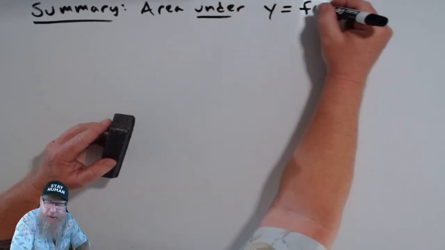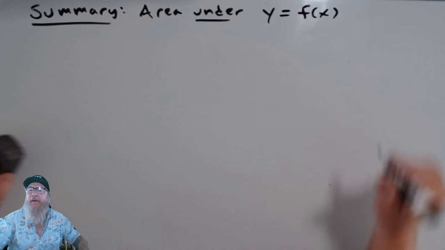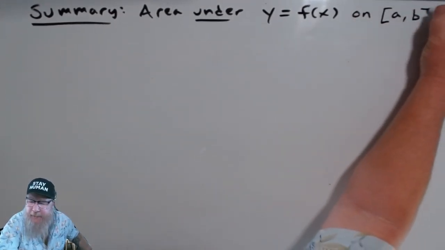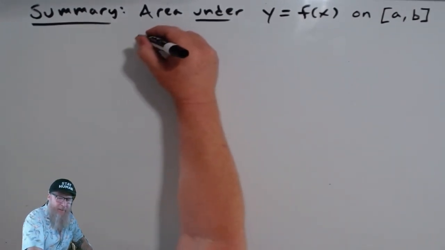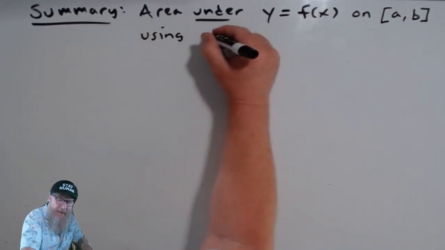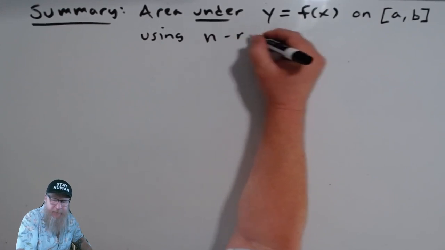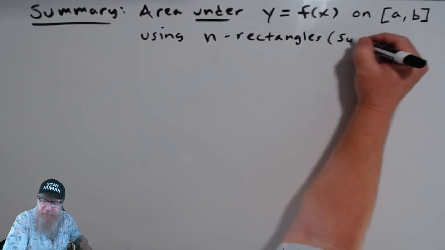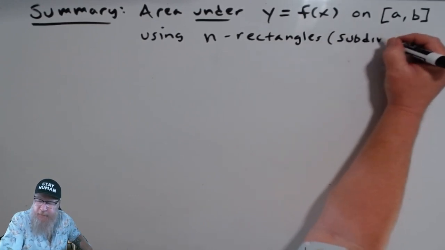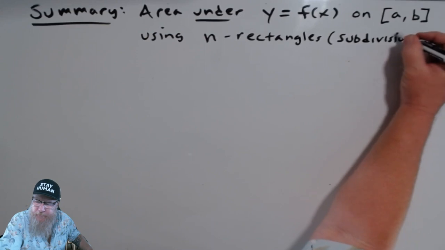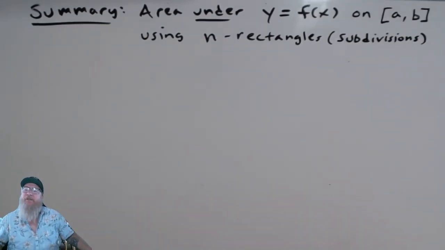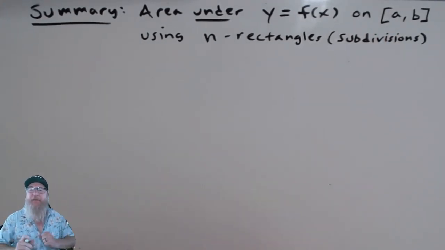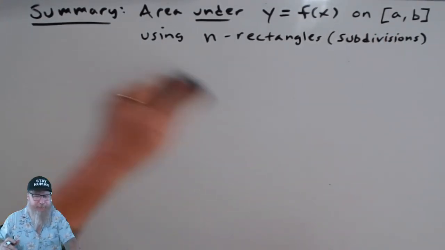It's a function y equals f of x on the interval AB using n rectangles, also known as subdivisions. Or subintervals. So we're going to divide this interval up into n little pieces, or n rectangles.